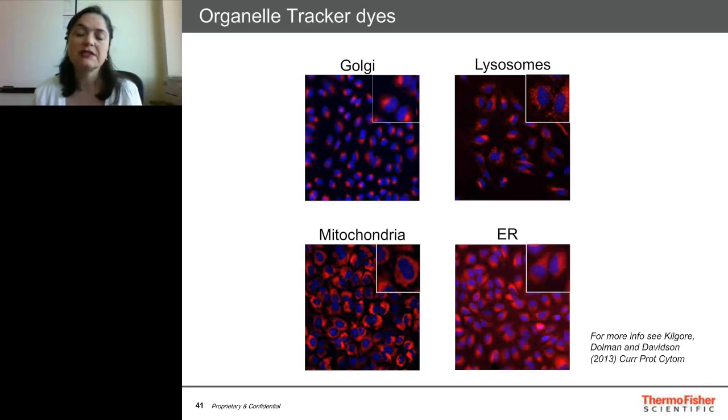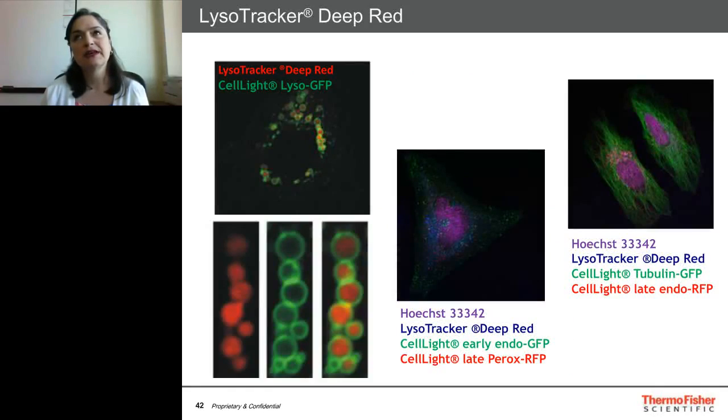Lysosomes can be labeled using these tracker dyes. Mitochondria, we saw TMRM with the mitochondrial cell health indicator. And then the ER can be labeled as well. So those are nice bright reagents to try. Another thing to think about when you're designing your experiment is that if you've got autofluorescence or you're having problems with phototoxicity, you can try imaging out in longer wavelengths.